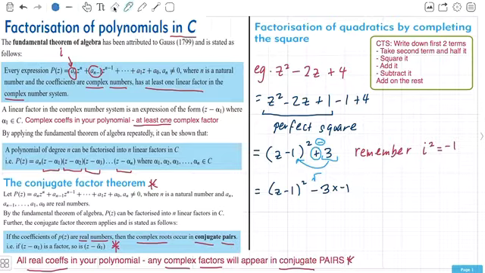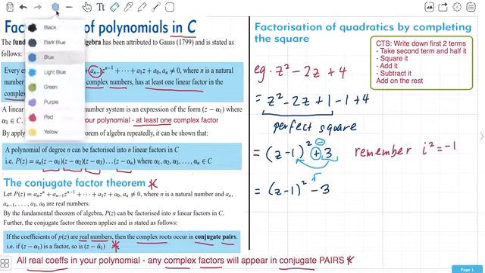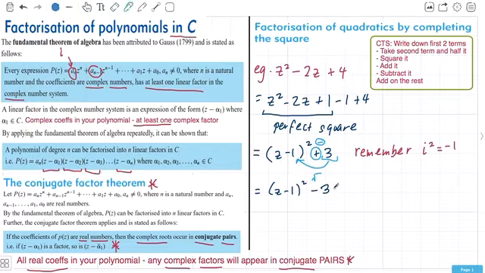But instead of using minus 1, we can use i squared, because i squared is negative 1. So now this part that we've got outside the bracket can actually be moved inside the bracket, provided we do the square root when we move it in.